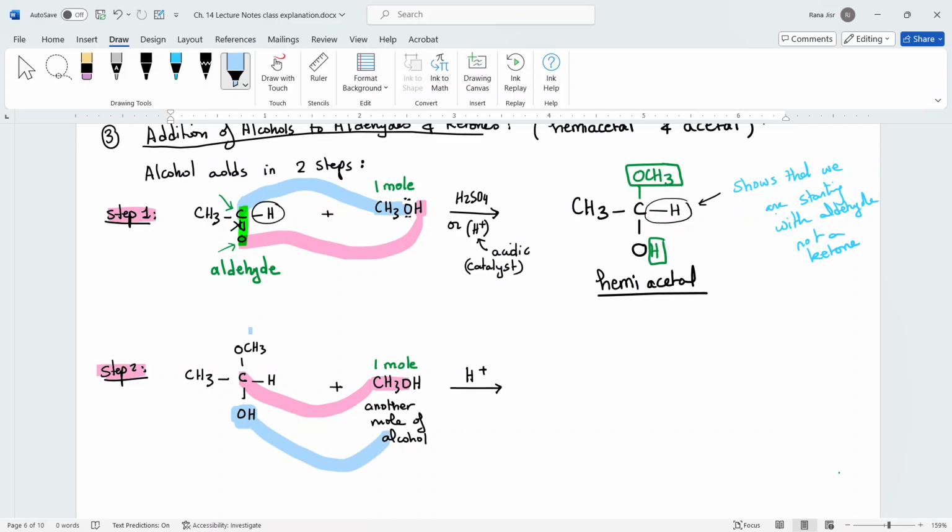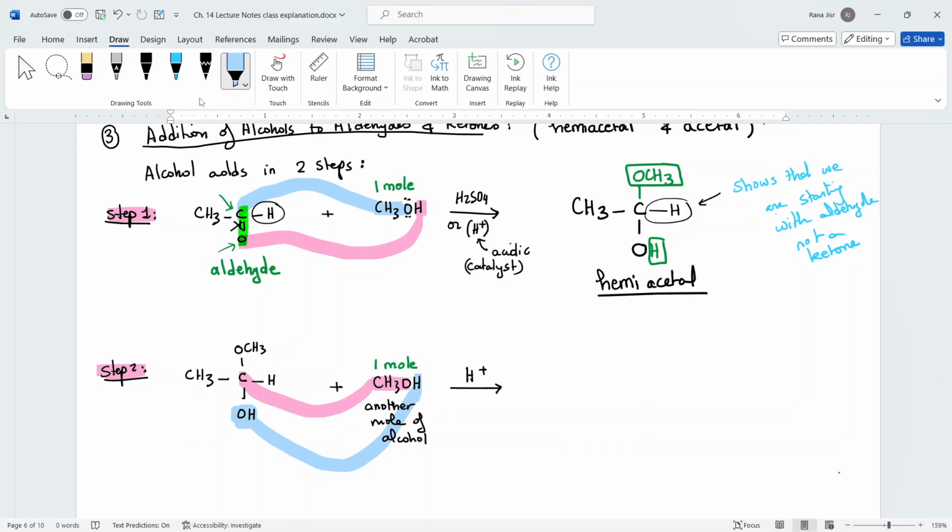This OH is going to combine with the leftover hydrogen and create water to be our byproduct. So the OCH3 here is going to come and add to the carbon. In other words, it's replacing the OH.